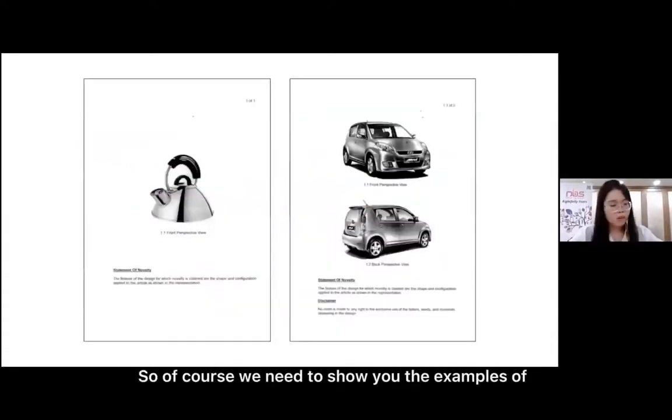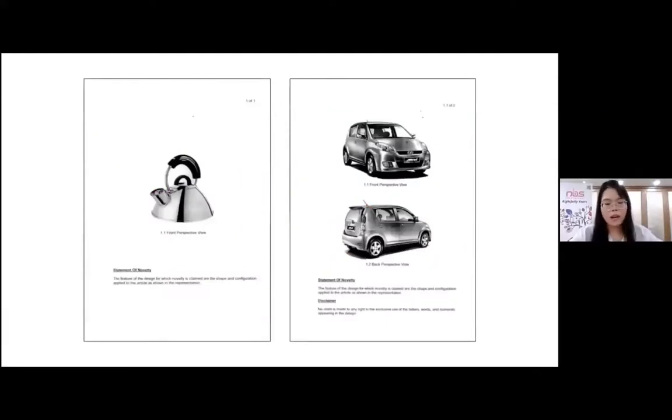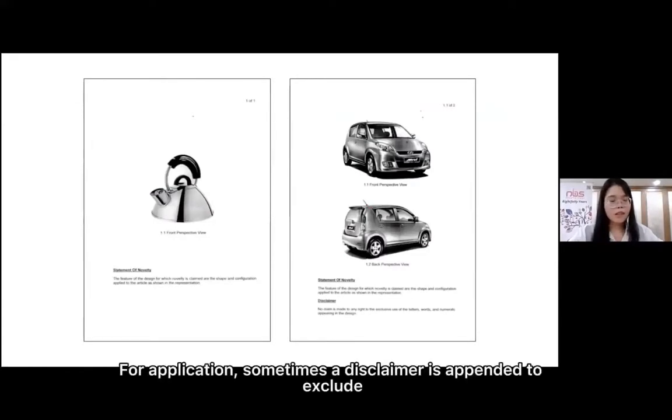Of course, we need to show you examples of ID filing documents disclosing some designs following the criteria I have explained on the previous slides. The drawings are always followed by a caption per application.